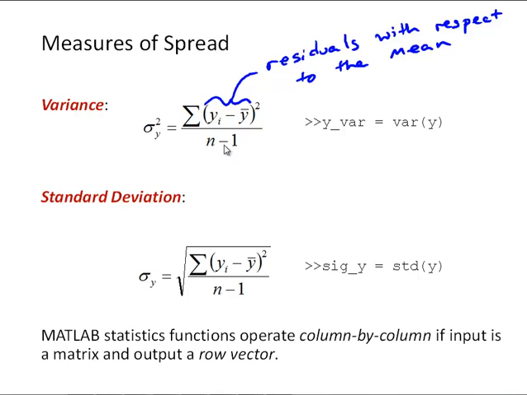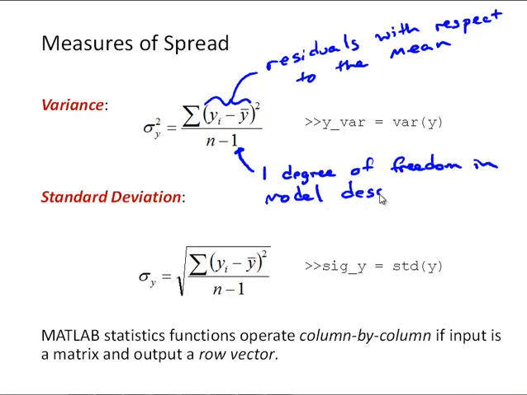And in n minus 1, the 1 here is because we have 1 degree of freedom in the model that describes the data. And in this case, the model is just the mean, y bar. So that's just one value, so it has 1 degree of freedom, and that concept will become more important as we move into curve fitting.